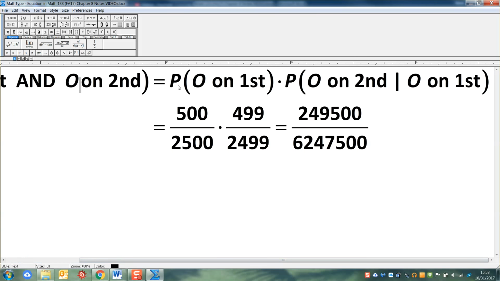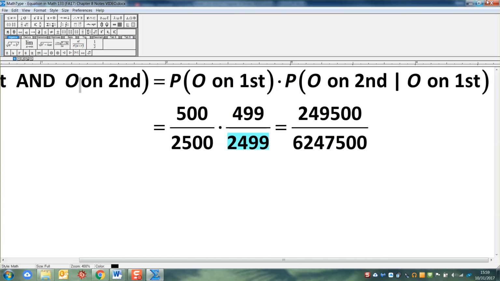The probability the first one is orange and the second one is orange is the probability the first one's orange times the probability the second one's orange, given that, there's that slash, I know the first one's orange, which sounds more complicated than it is. There's 500 orange ones out of 2,500 for that first M&M. Then you assume you have that orange M&M, so there's 499 orange ones left out of 2,499 M&Ms left in the bin.